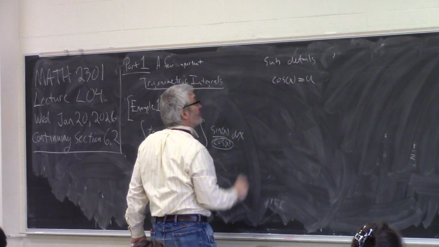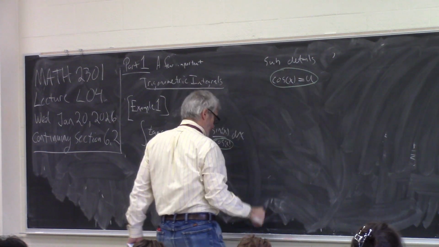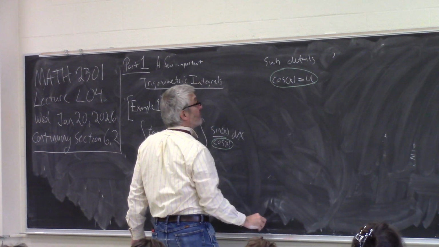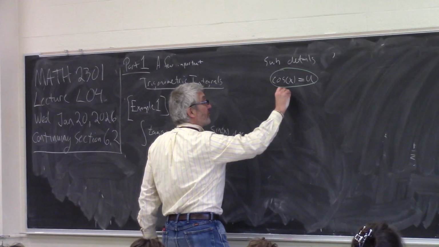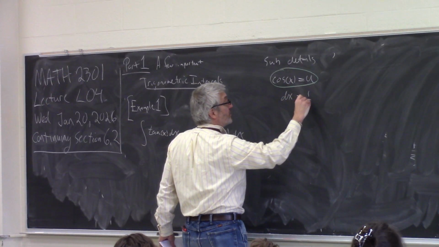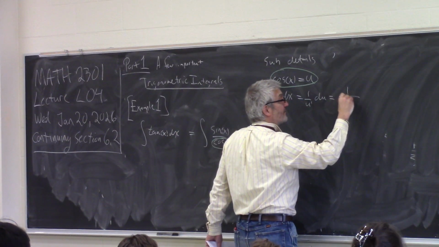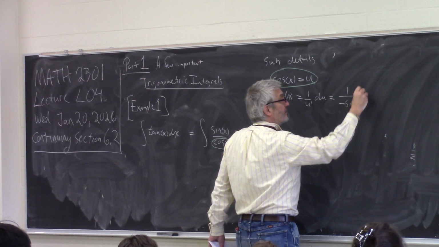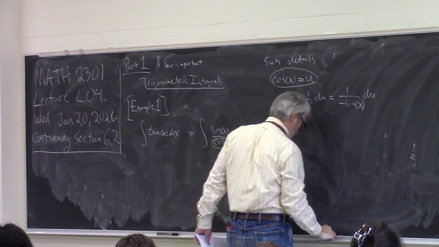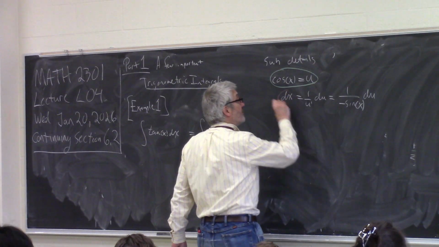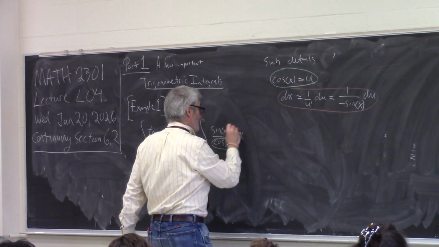So we've got a new version of that green thing. And then, the way I would do these in the fall, I'd get a new version of the dx. That's going to be 1 over u prime du. So that's 1 over minus sine of x du. So that's a new version of that red dx.